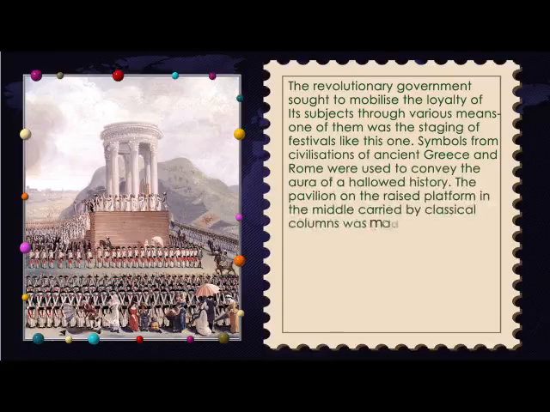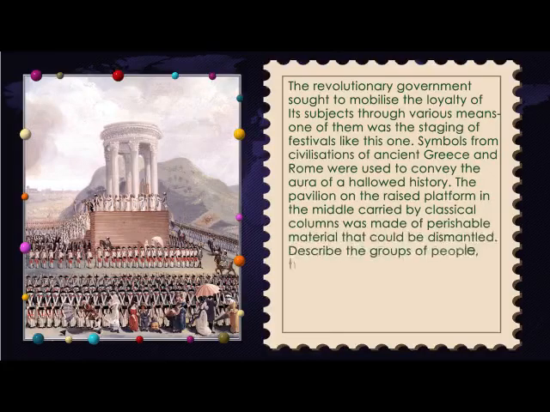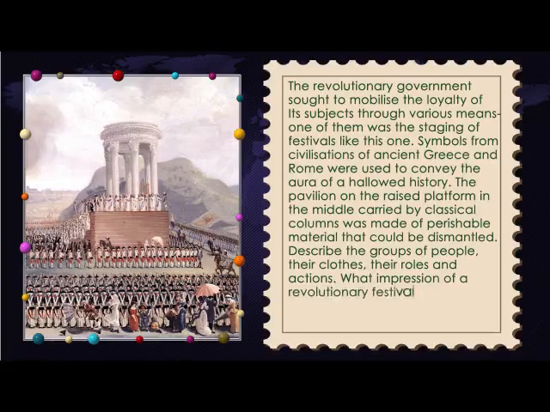The pavilion on the raised platform in the middle, carried by classical columns, was made of perishable material that could be dismantled. Describe the groups of people, their clothes, their roles and actions. What impression of a revolutionary festival does this image convey? Give analysis on the above picture.